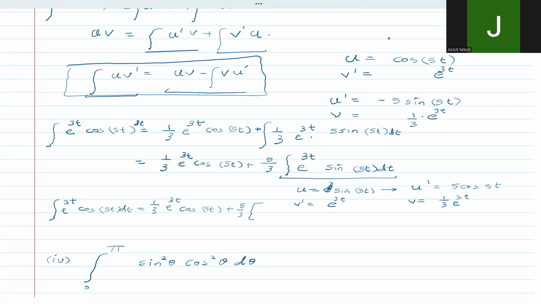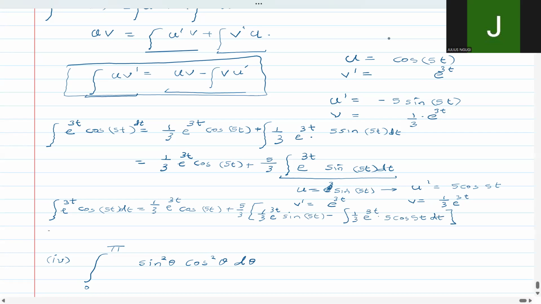My u for this part is sine 5t, and v is a third exponential power 3t. So I have a third exponential power 3t with sine 5t, minus the integral of the v, which is a third exponential power 3t, times u prime, which is 5 cosine of 5t, with respect to t. So that is now the second integral.